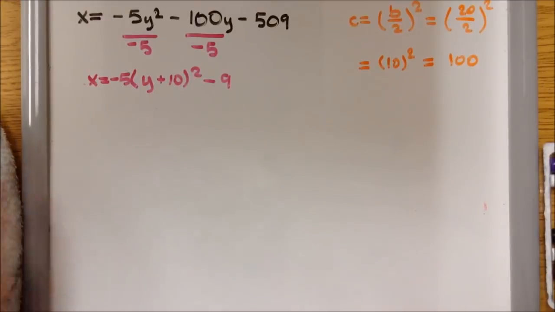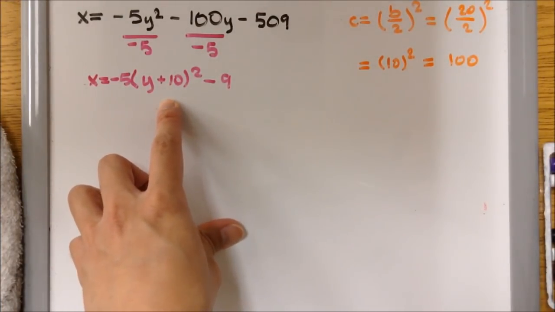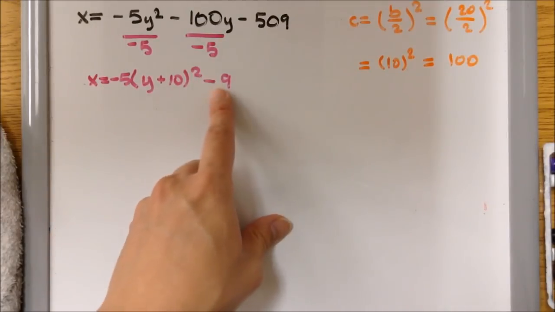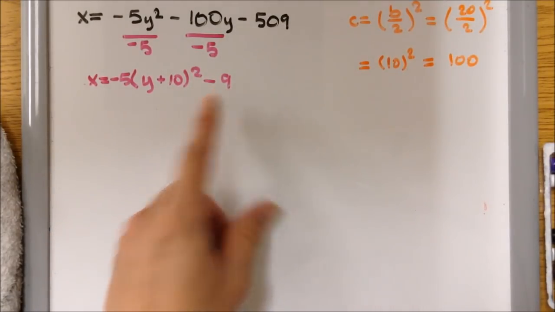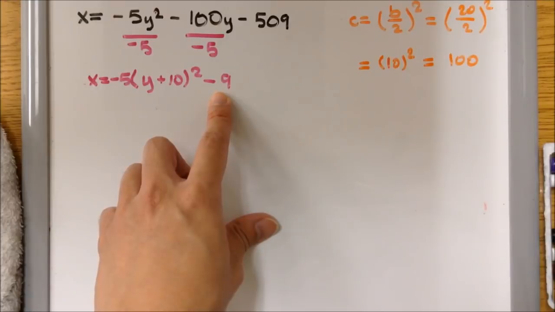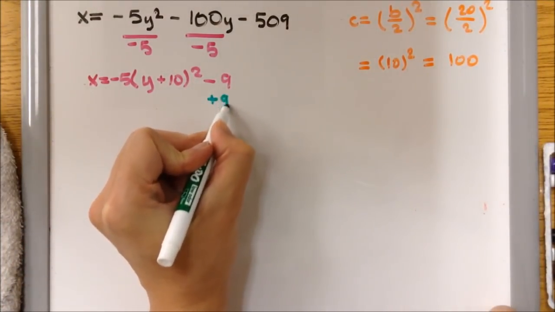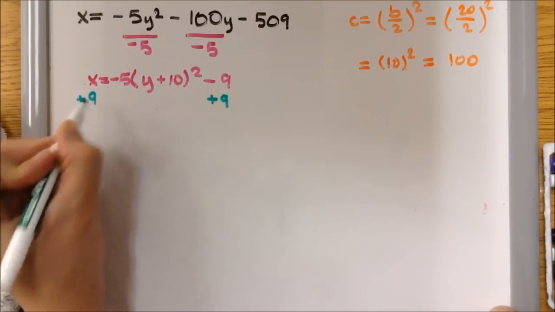Alright, so our goal is to get y plus 10 squared to be by itself. We have -5 and the -9. So the first step is to get rid of the -9. To cancel it out, I'm going to add 9 to both sides.